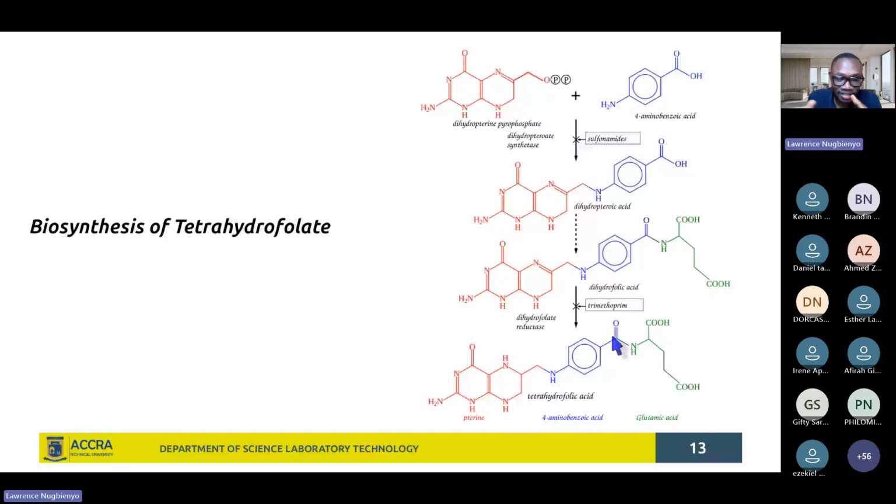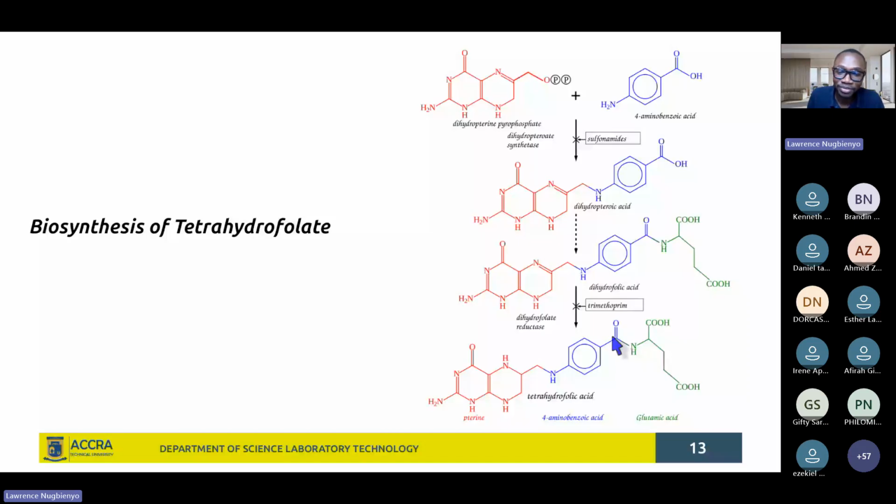So let's start with the first story. So we have the story of the biosynthesis of tetrahydrofolate. And tetrahydrofolate we saw before.